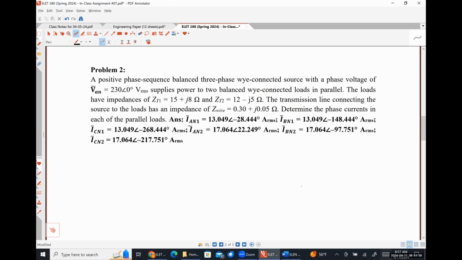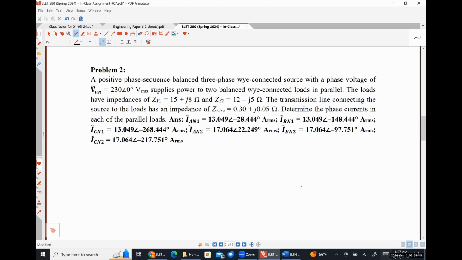So we have a positive phase sequence, balanced 3-phase Y connected source with a phase voltage of stuff, supplies power to 2 balanced Y connected loads in parallel. The loads have impedance of ZY1 is equal to 15 plus J8 and ZY2 is equal to 12 minus J5.